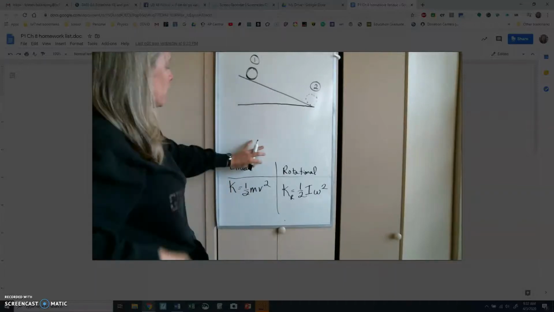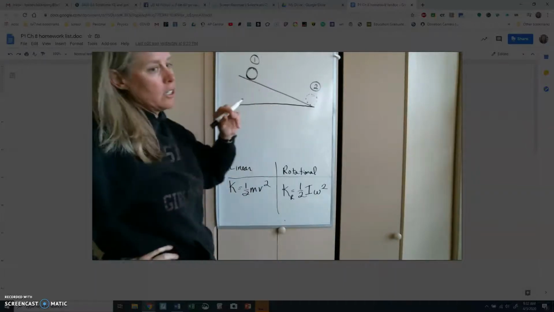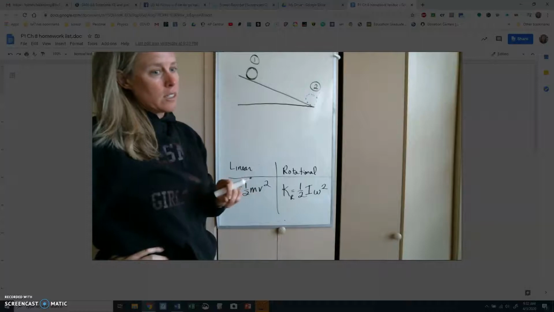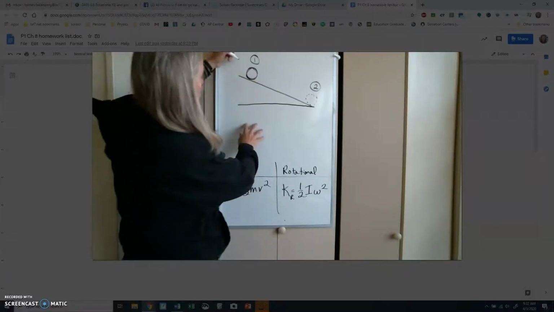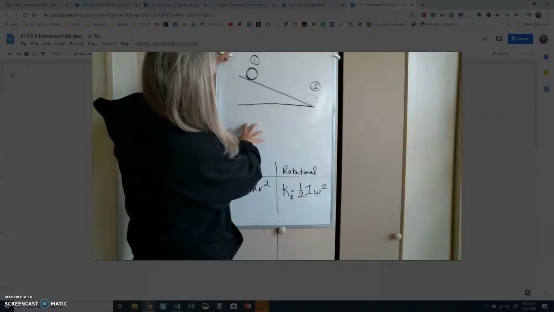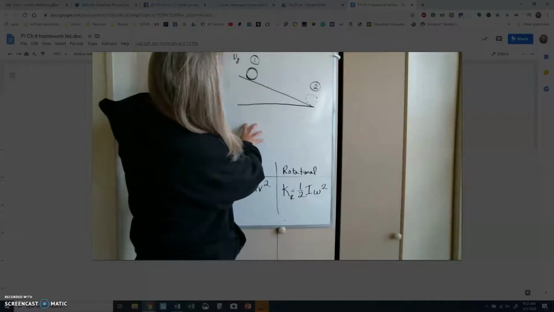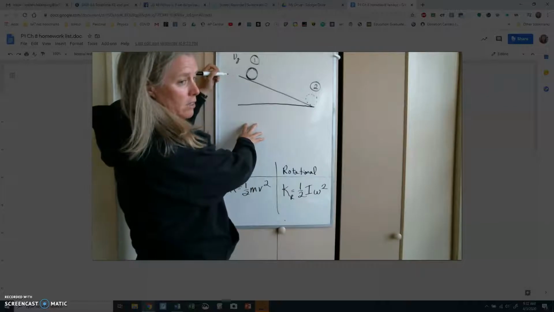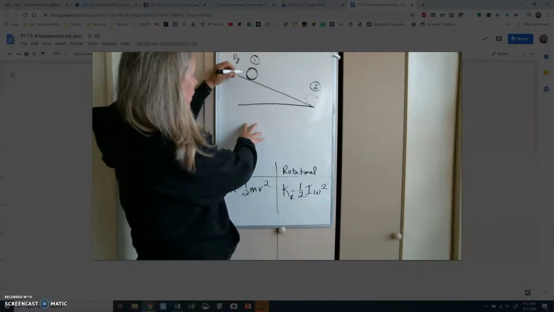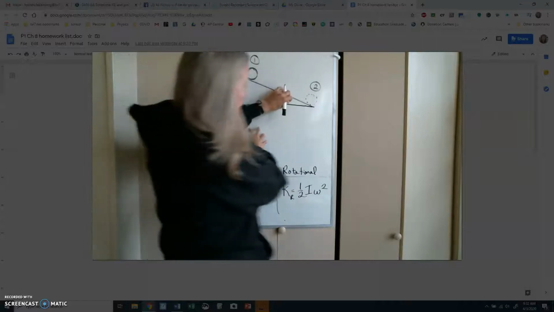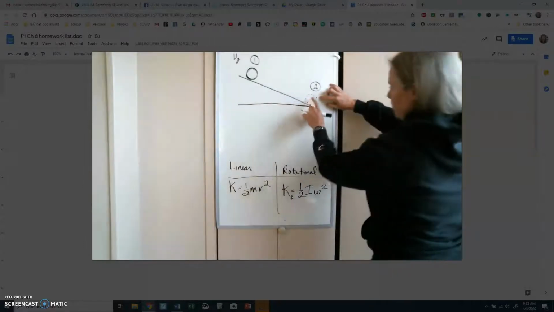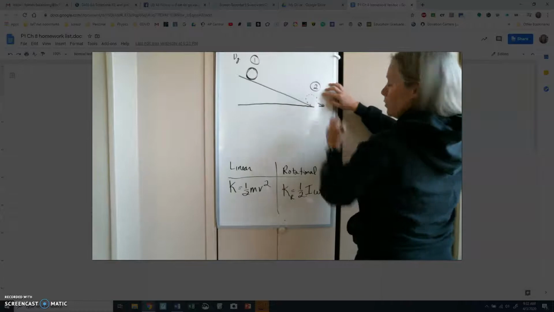But let's talk about the different energies. I can have translational and I can have rotational at the same time. Okay? So in state one, before we release it, what kind of energy do we have? We've got gravitational, and that's it. It's not moving. Now down here it is moving.